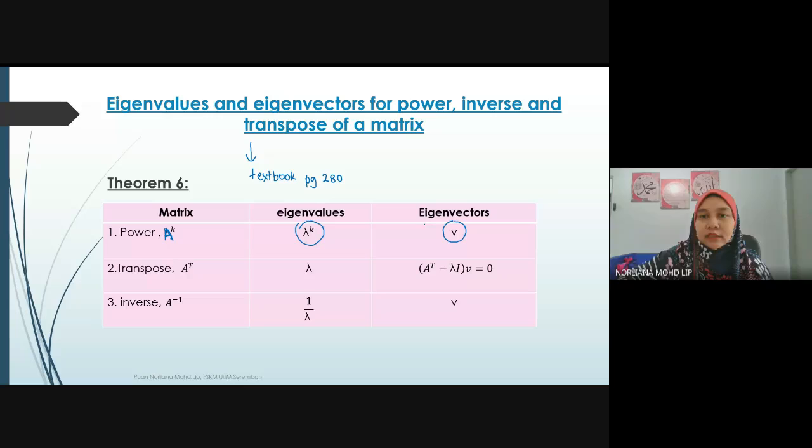And the eigenvector for A transpose, we have to find the new eigenvector. Okay, using this one. A transpose minus lambda I times V equal to 0. You have to transpose this matrix to find the eigenvector. The eigenvalues, we use the original eigenvalues.